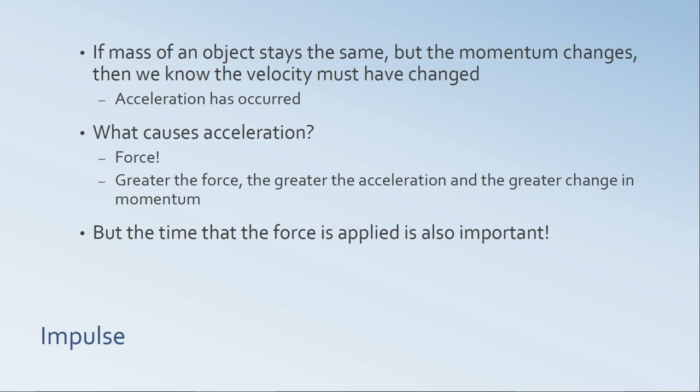And what can cause acceleration? Of course, you have to have a force to cause acceleration. The greater the force that we apply to an object, the greater the acceleration and the greater the change in momentum. But the time that we apply that force is also important.